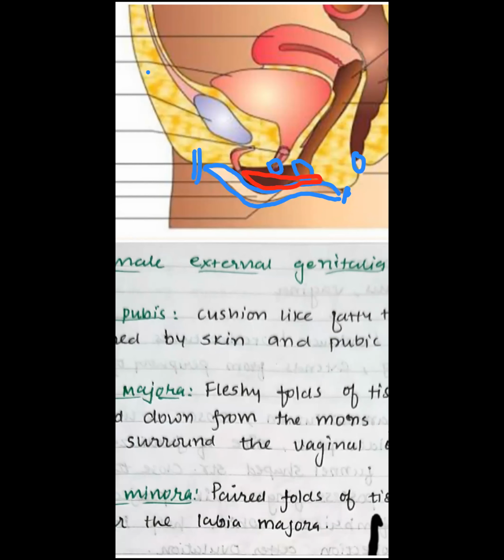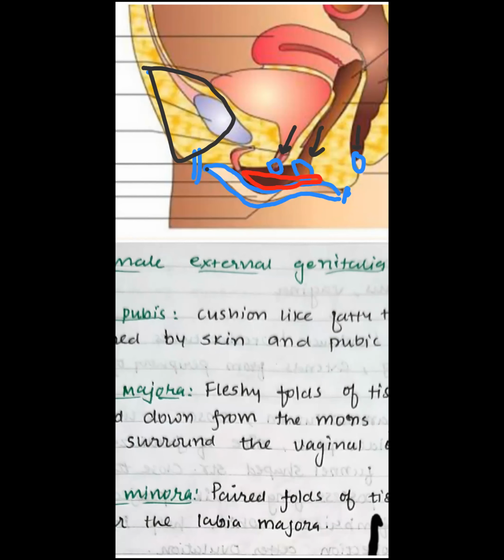Up to here it should be clear. In the lower part of the abdomen, these are the portions you need to understand. This is the urethral opening, this is the vaginal opening, this is the anal opening, and this is the mons pubis, the cushion-like fatty tissue region covered with skin and pubic hair.